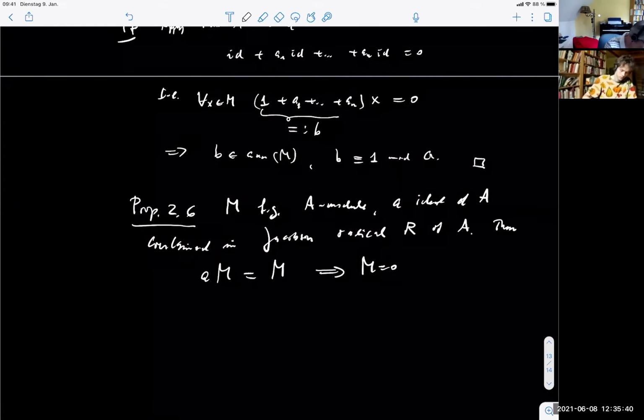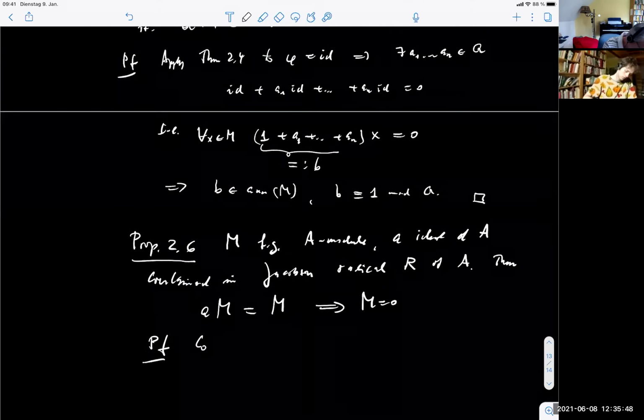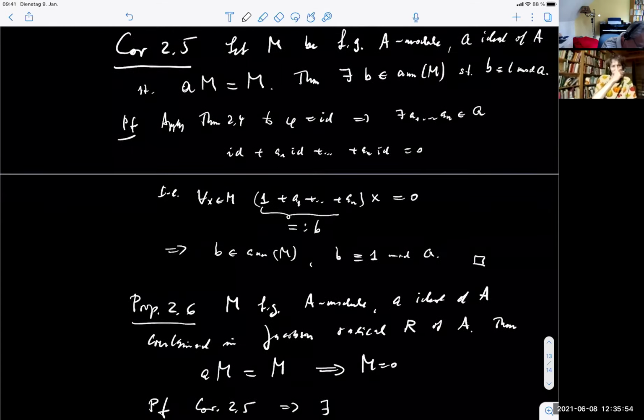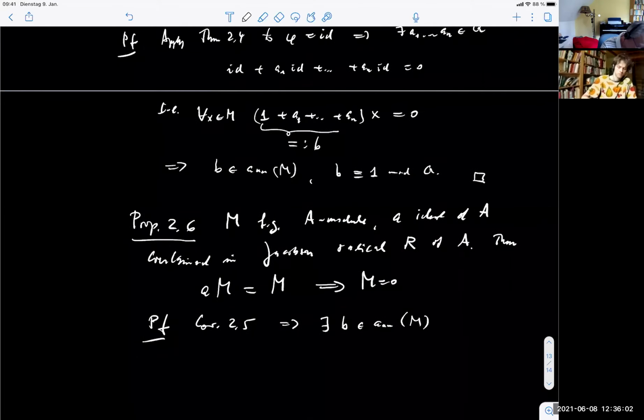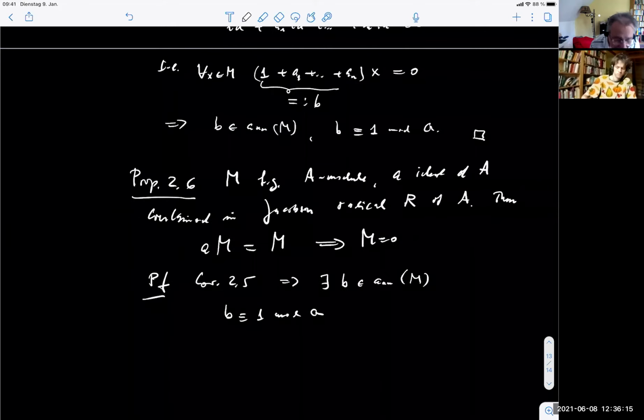Okay. And the proof is extremely short. We use our corollary above, corollary 2.5. It just gives the existence. We are exactly in that situation. So it gives the existence of a B in the annihilator of the module such that B is congruent to 1 mod A. Now we have to remember how is this Jacobson radical characterized?